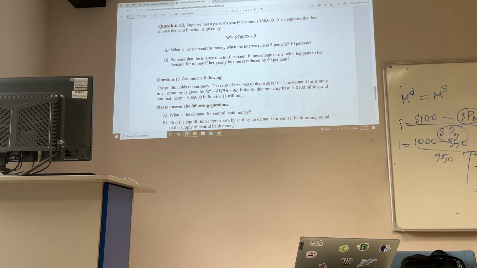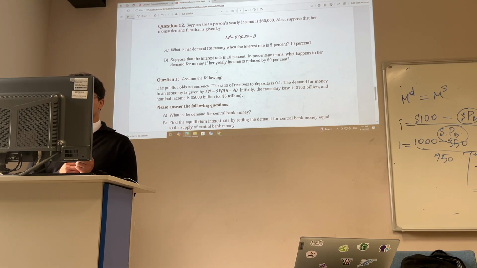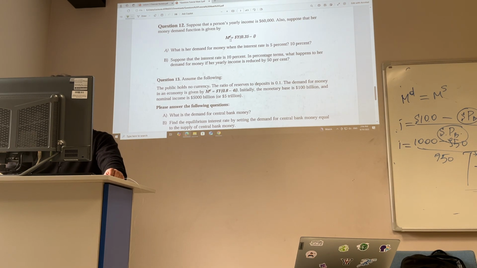5 divided by 100 is 0.05. Can you explain the interpretation of it? What does it mean when your income increases? So the result is $80,000. What does it mean?